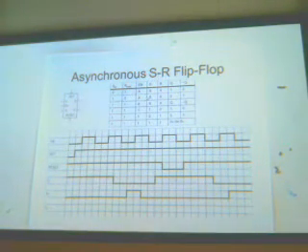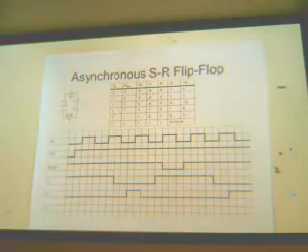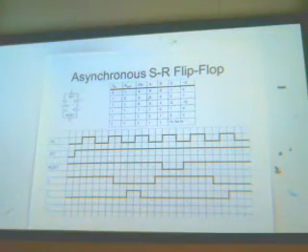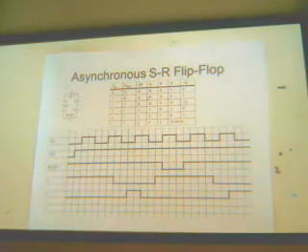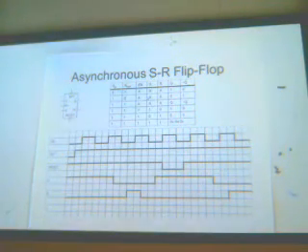You have enable, Q, and not Q, just like before. But set and reset are overrides. They don't care what enable or S or R are. They're the boss. Okay? So set and reset determine what happens.